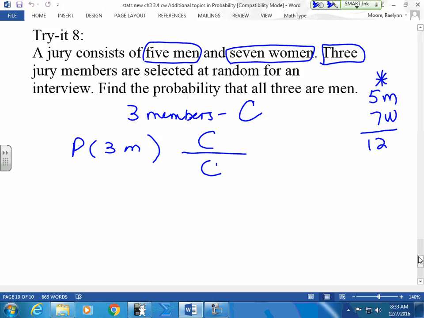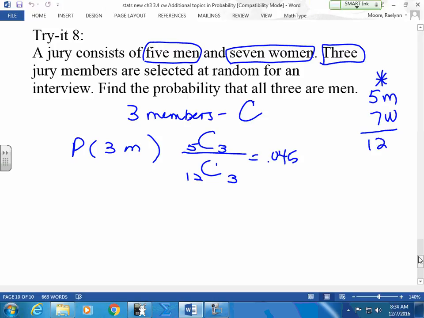How many people do I have to choose from all together? How many do I want? 3. Well, out of those, any 3 people, I want them to be men. How many men do I have to choose from? 5. It's that simple. Plug that into your calculator. Are we seeing this?